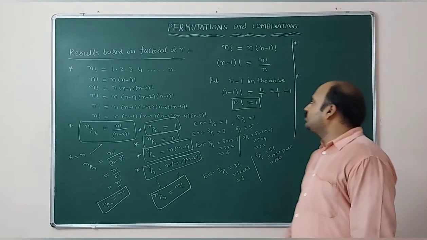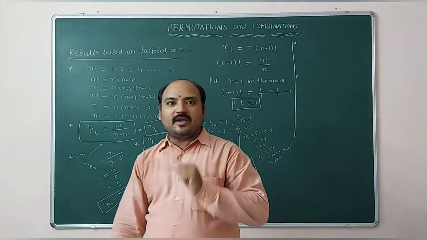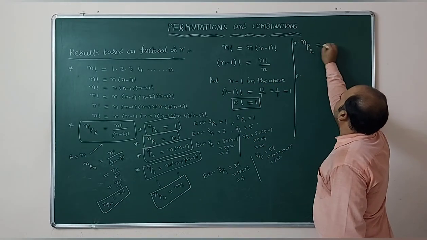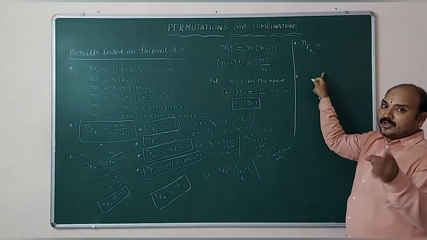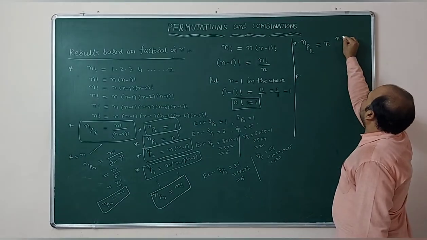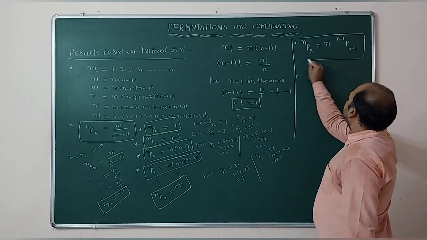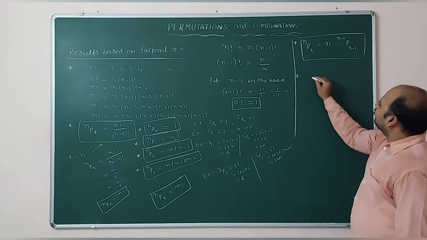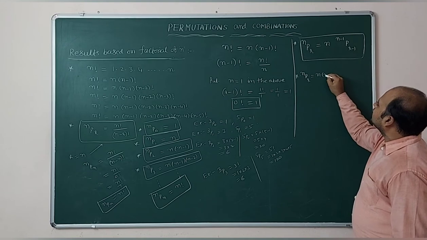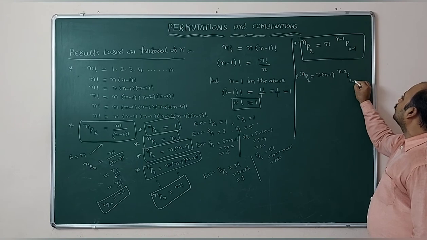Now one more important thing, dear students: nPr in terms of n minus 1 and r minus 1 we can also write. nPr can be written as n into n minus 1 P r minus 1. Suppose we want to write in terms of n minus 2 and r minus 2, nPr is equal to n into n minus 1 as multiples and n minus 2 P r minus 2.